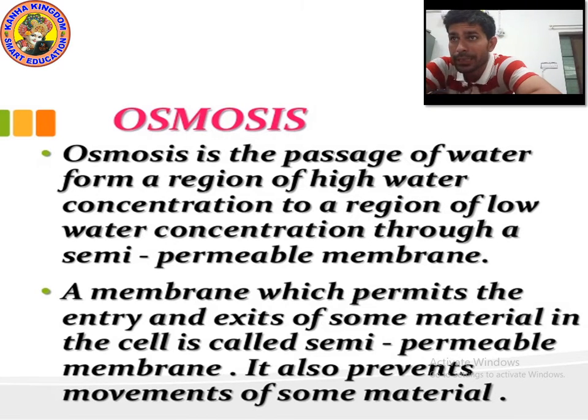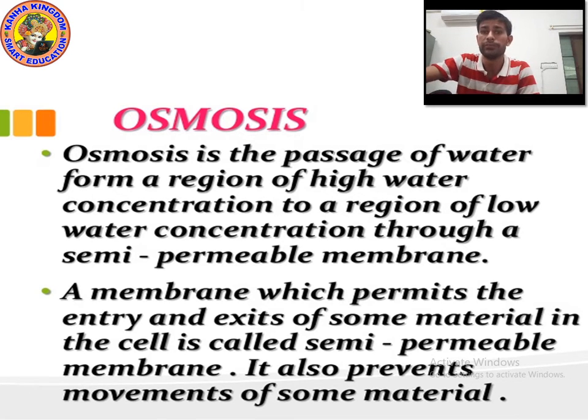Osmosis is the passage of water from a region of high water concentration to a region of low water concentration through a semi-permeable membrane. Again, high concentration to low concentration.